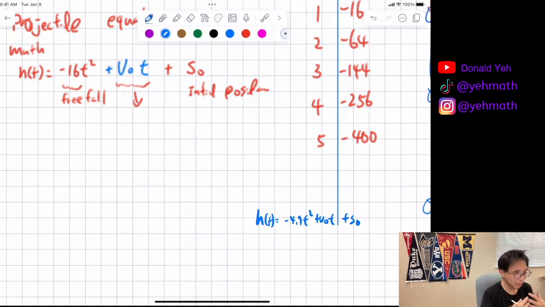So now I'm going to ask you, okay, I want to throw something up at a certain speed. And I don't know what a good number is, so I'm going to see what happens here. 80 feet per second.